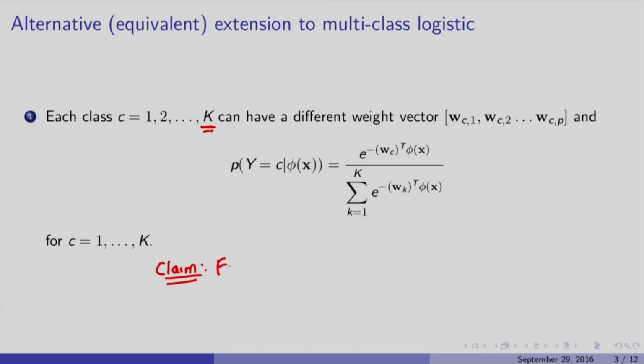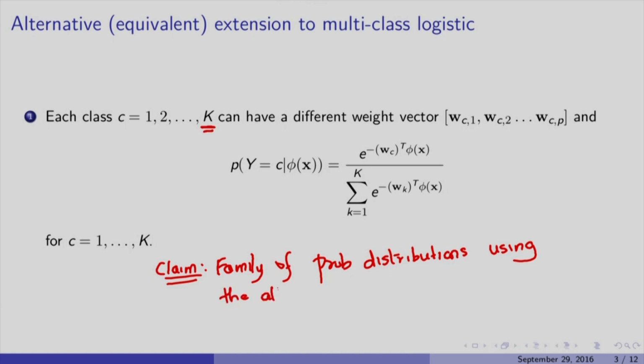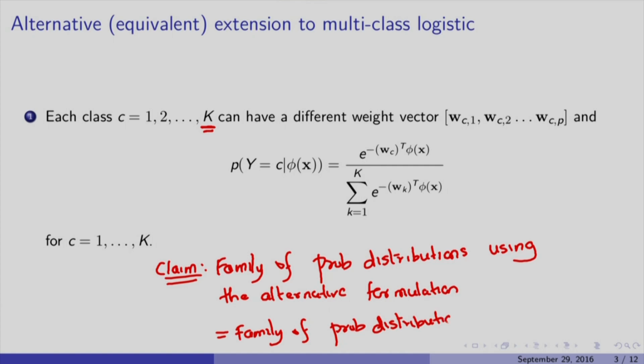So the family of probability distributions using the alternative formulation is the same as the family of probability distributions using the first formulation.